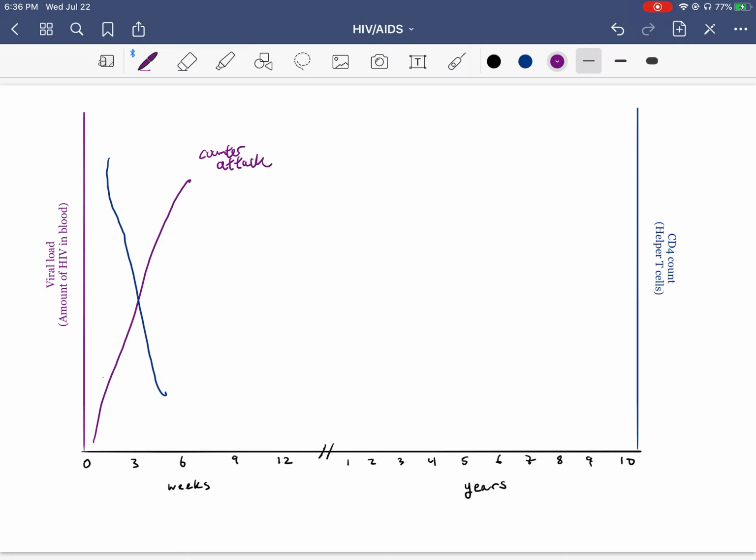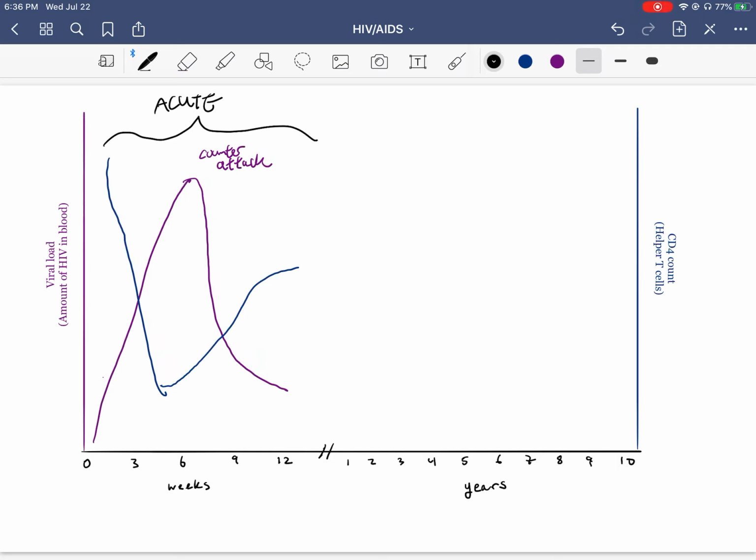Thus, our immune system starts to control the HIV levels in our blood to some degree. This in turn gives our body an opportunity to recuperate CD4 cells, as there is less virus in our body to infect and destroy these cells. This entire sequence is known as the acute phase of the infection.